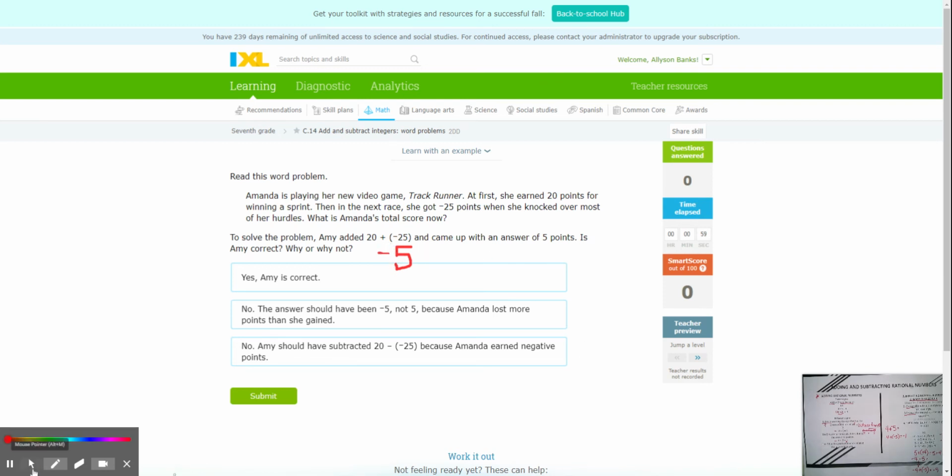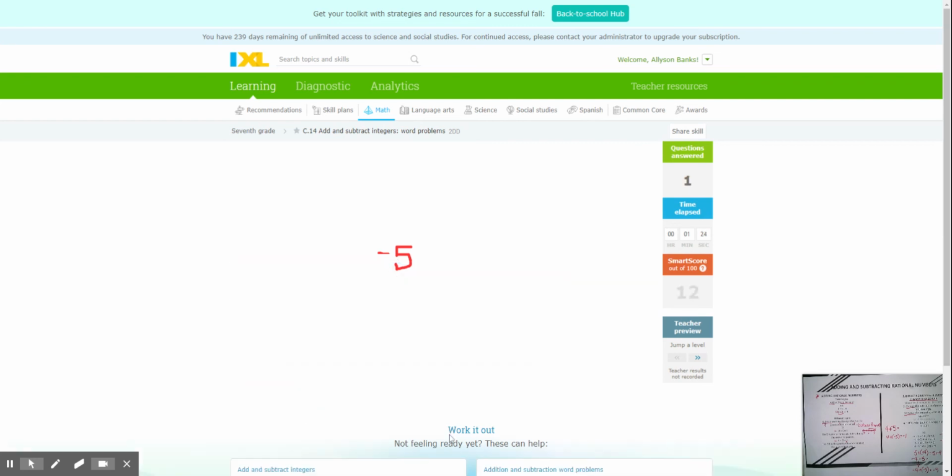I don't think Amy is correct because she said the answer is 5. No, the answer should be negative 5, not 5, because Amanda lost more points than she gained. I agree with that one. No, Amy should have subtracted 20 minus negative 25 because Amanda earned negative points. If we did change, that would be adding the 20 and the 25, so that is incorrect as well. So we have got the correct one.